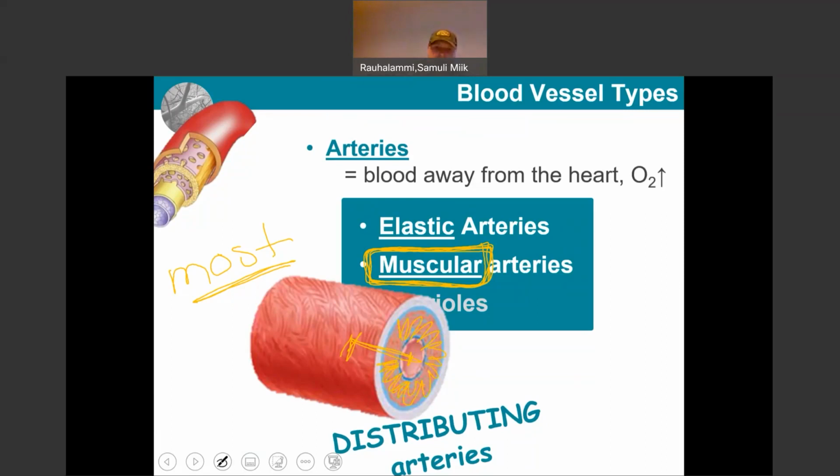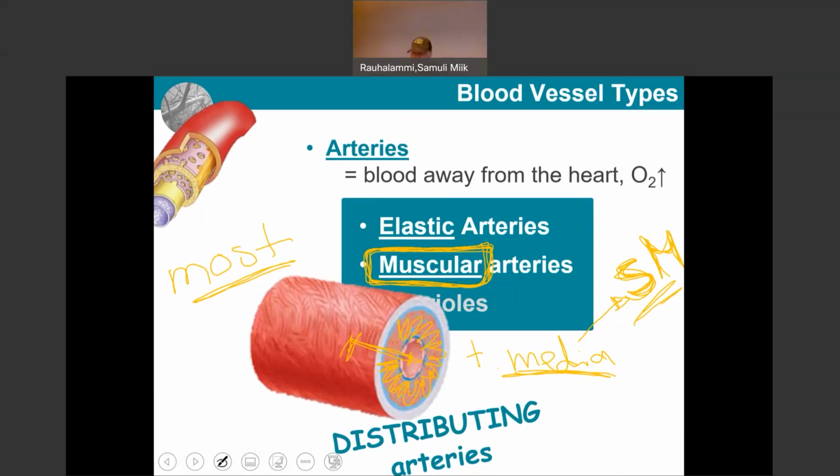Well, if we know that Tunica Media is thick, that gives us a clue about what these muscular arteries would do. Of course, we remember that Tunica Media contains the smooth muscle layer. So if there's a lot of smooth muscle, that will have an effect on how these arteries will behave.